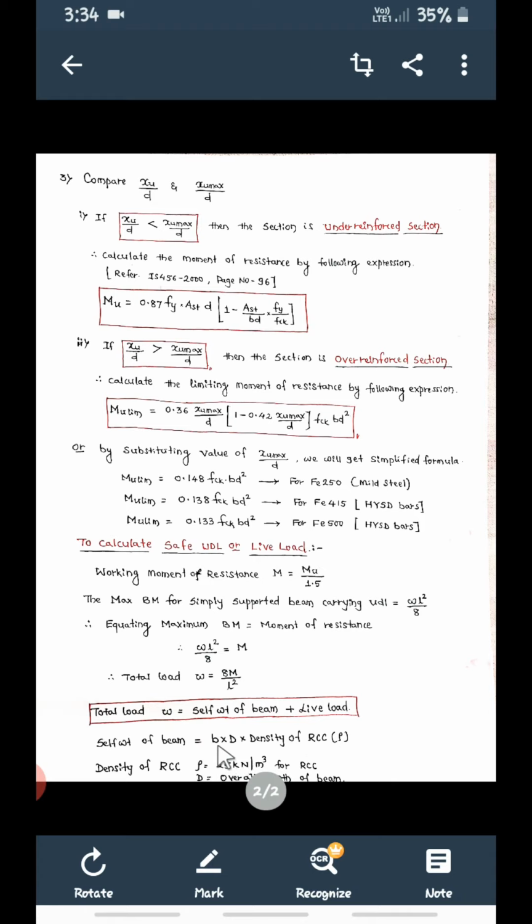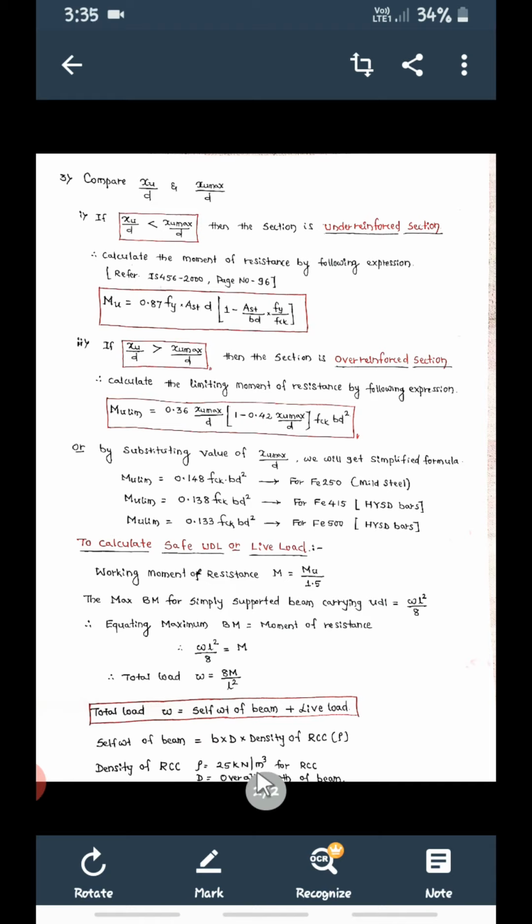So area, that is B, width of the beam, into overall depth of the beam, into density of RCC, we are going to get the self weight of the beam. Then how much are we going to take density of RCC? Density of RCC, that is rho, is equal to 25 kilonewton per meter cube for RCC.